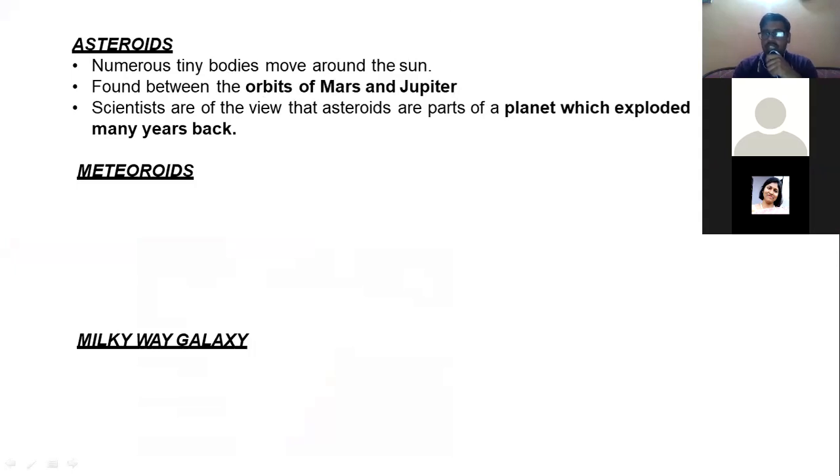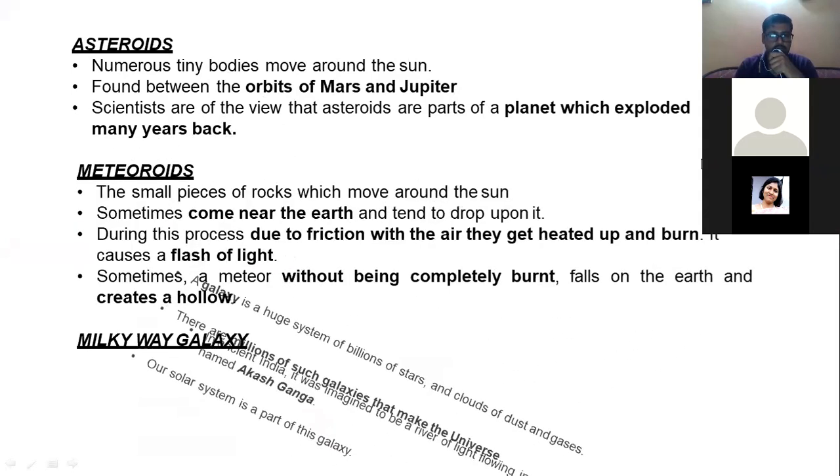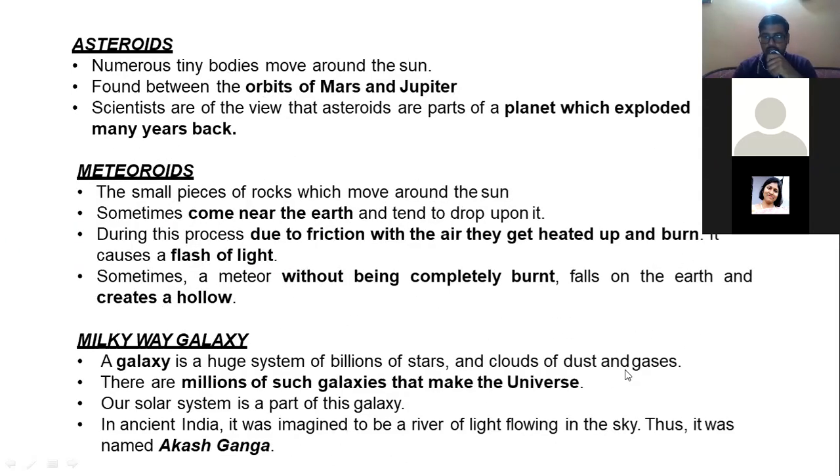Let me end this with asteroids, meteorites, and the concept of our Milky Way galaxy. Because it takes a lot of time to tell you in detail what our Earth is and what the geological concepts are. So asteroids are numerous tiny bodies that move around the sun.